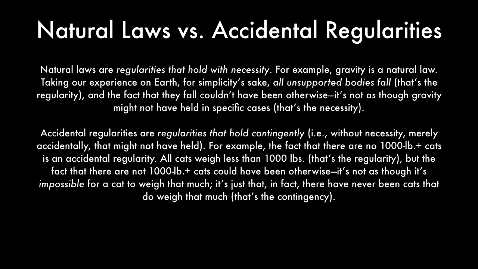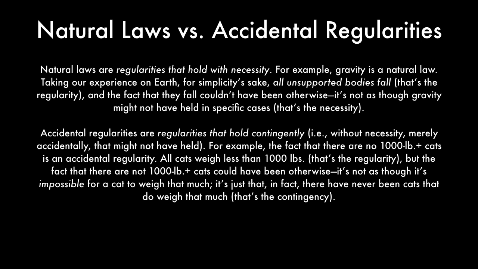Contrast with this, accidental regularities. Accidental regularities are regularities that hold contingently, that is, without necessity, merely accidentally, that might not have held. For example, the fact that there are no 1,000-pound plus cats is an accidental regularity.